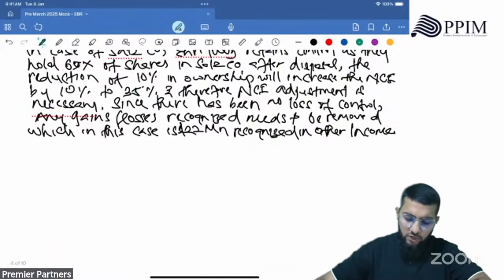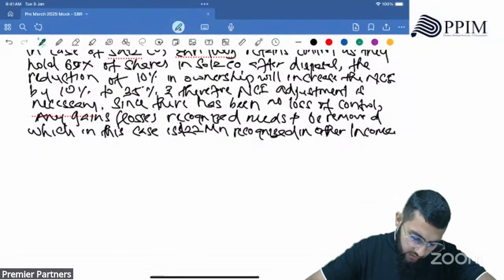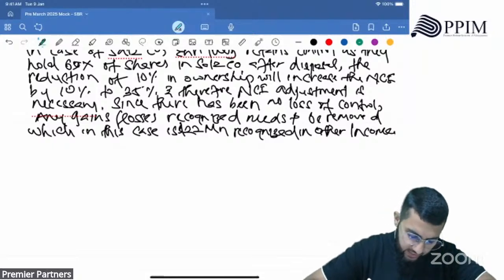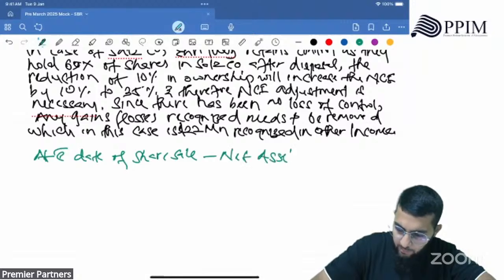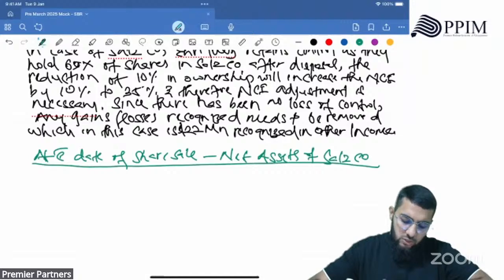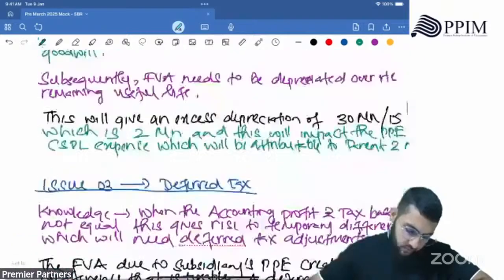So for the calculation, how do you do it? First, you are going to recalculate your NCI. To do that, first you have to identify the net assets of Salesco at the date of share sale. What were the components of net assets here? We saw there were 146 million.